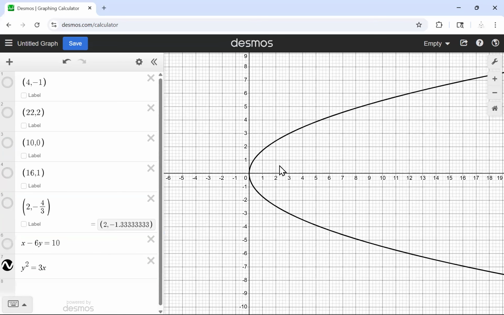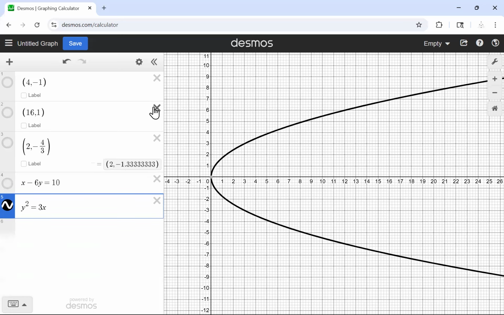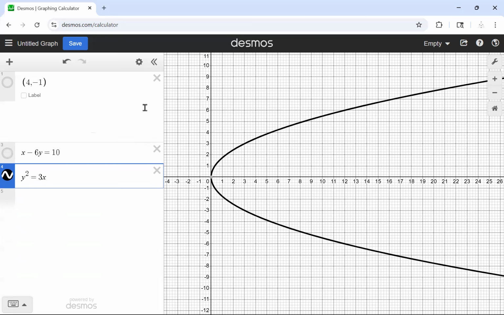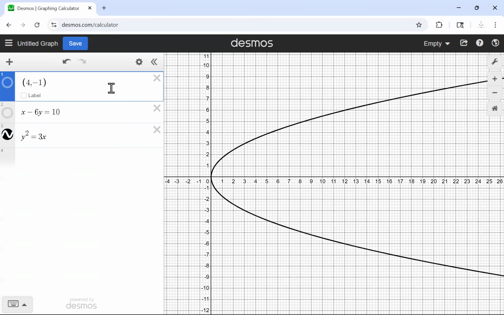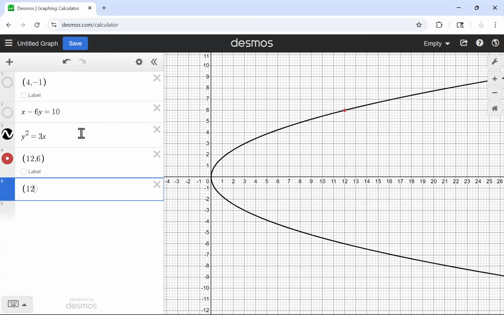We get this shape. And remember, two of the points that were on that line were (12, 6) and (12, -6) from earlier.